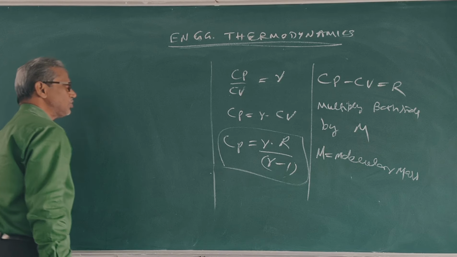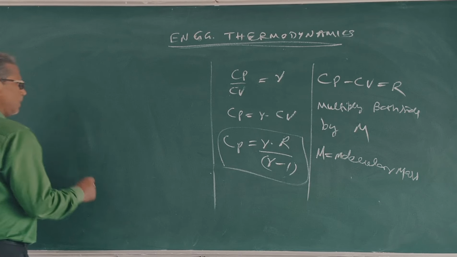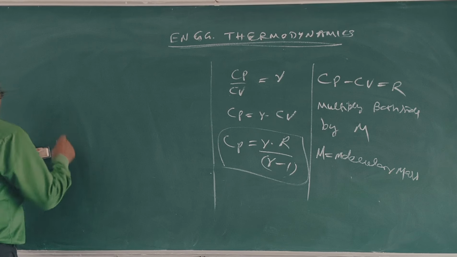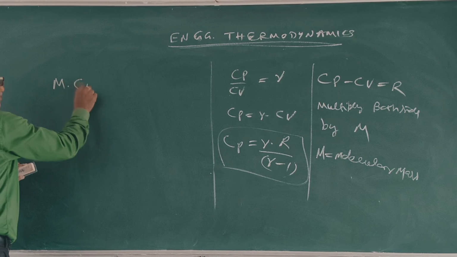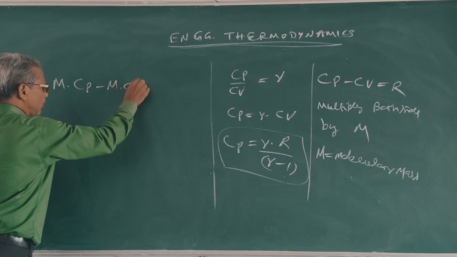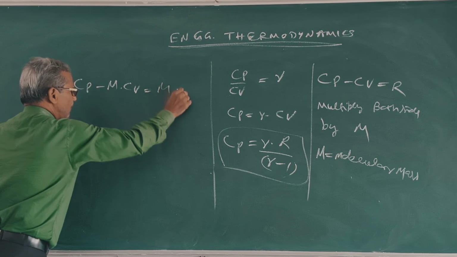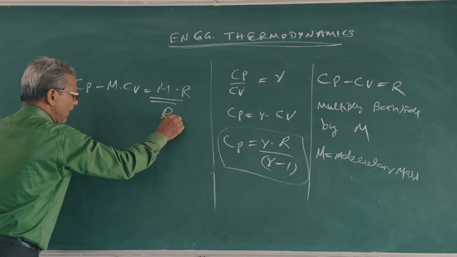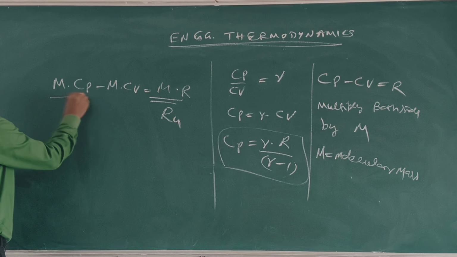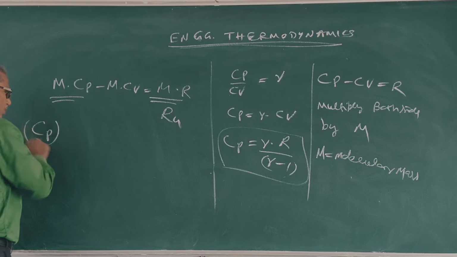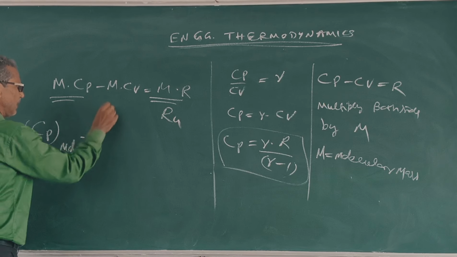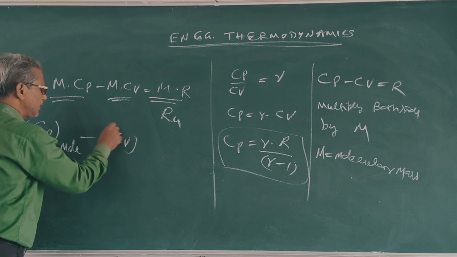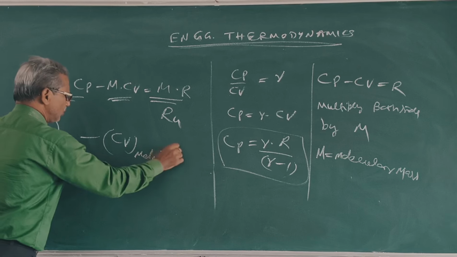So, M into Cp minus M into Cv is equal to M into R. What is this? This is Cp mole minus this is Cv mole is equal to Ru.